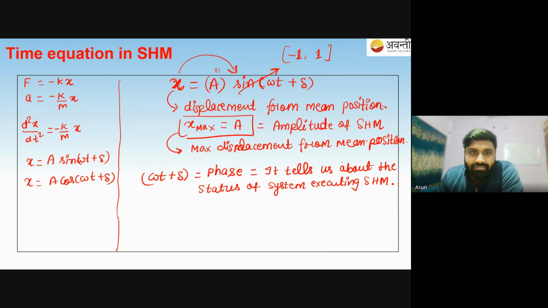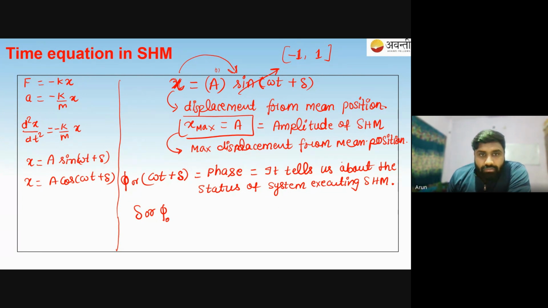Now, in this phase, what is this delta specifically? This delta here is sometimes written as phi naught. And this omega t plus delta is sometimes written as phi. Got it?